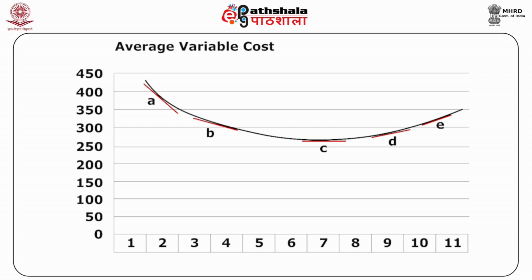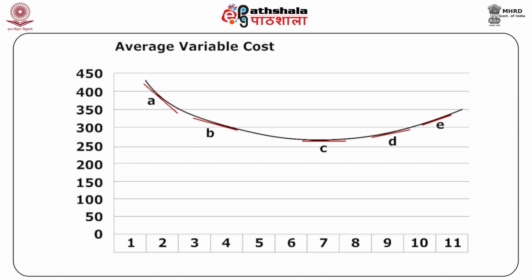At some point, round about 265 or 267, the slope is given by the tangent at C. Before this, the tangents at A and B have a higher slope. At C, the slope is 0.